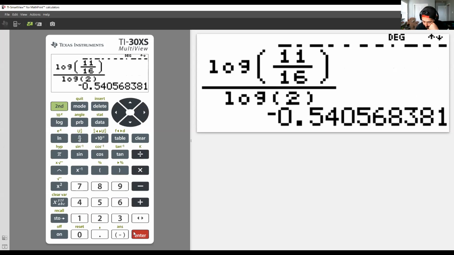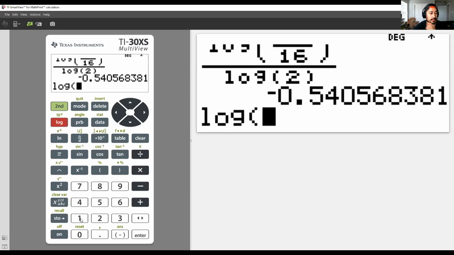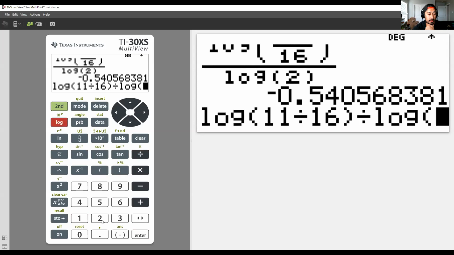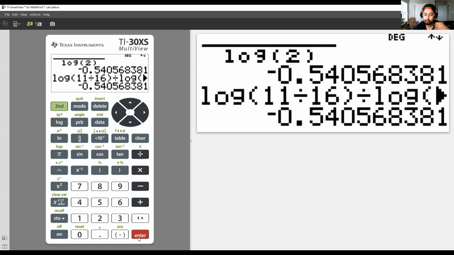Negative 0.5406. There you go. Okay, or you could have typed this one as 11 divide 16 divide log 2. There you go. Okay, stop share on that.